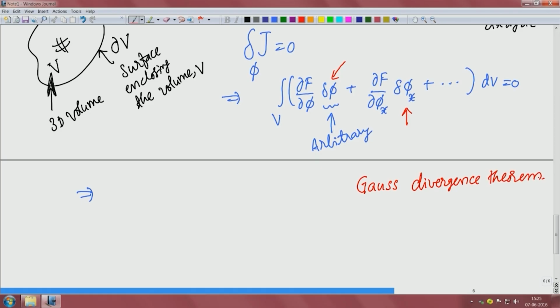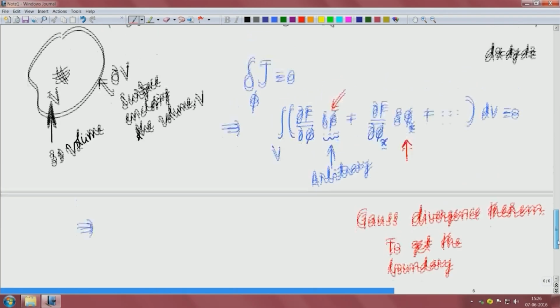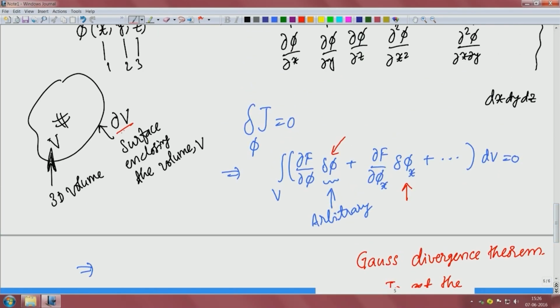to get the boundary conditions, that is to get the boundary condition on the surface of the 3 dimensional volume. Again you see here, this is our ∂V, the surface enclosed in the volume V for a 3D problem, like a 3D elastic solid. You want to do work with that, there is a volume and there is a surface.